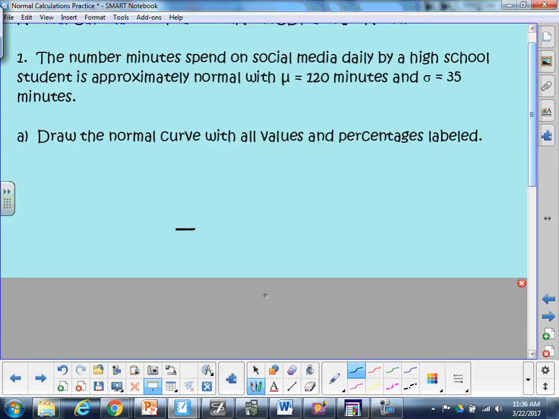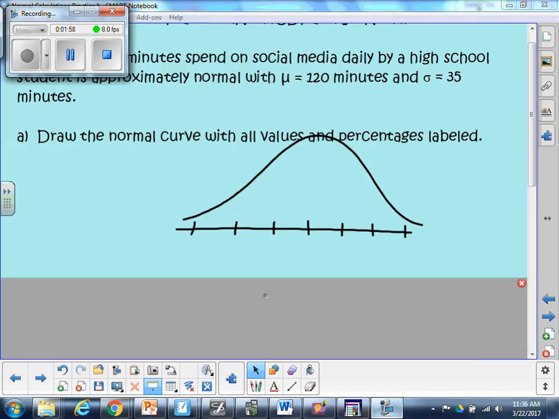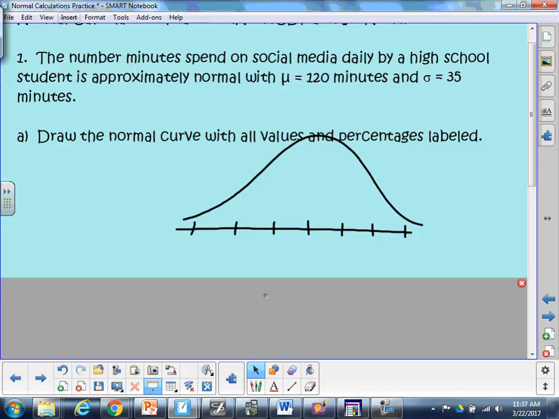Okay, so we're going to draw ourselves a nice little normal curve, trying to make it nice and symmetric. From the center, we're going to go out 3 standard deviations, and we're going to plug in a bunch of values and use that as a guide. We always start with putting the mean right in the center. They're telling us 120 minutes is the average, and then we simply add a standard deviation, which is 35 minutes.